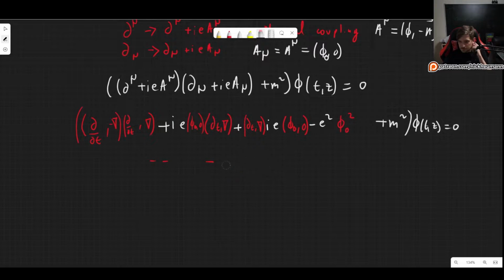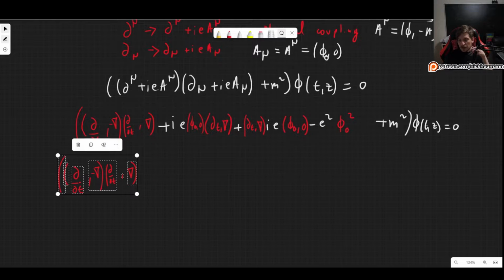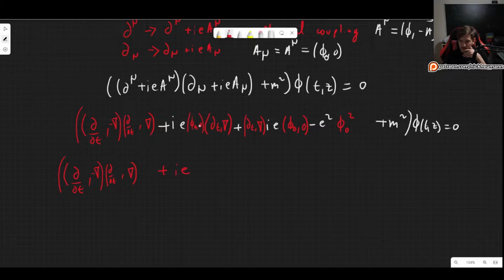Okay, so now what we want to do is, well, I will keep this here the same. So actually, let me just copy it because I don't want to have to write it again. So I will keep it as it is. But now, take a look at the other term. So here we have plus IE, and then we have phi 0 comma 0.